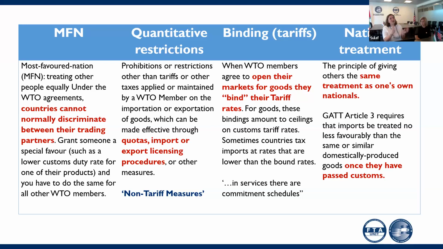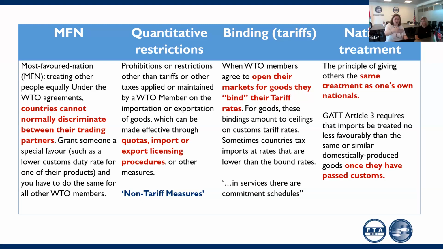The last principle, national treatment, means that for products, once they enter your market, so they're allowed behind the border, you shouldn't discriminate against them in taxes or different measures or different standards in the market.